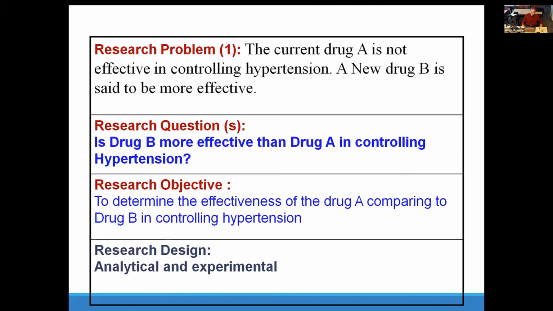And the research question in fact does look like an objective. The question is, is there a better drug to treat hypertension than the existing standard of care, or something like that? But research question and research objective look too similar.